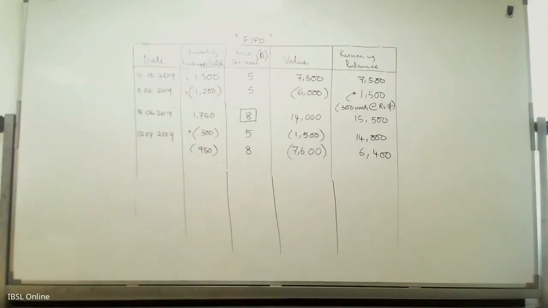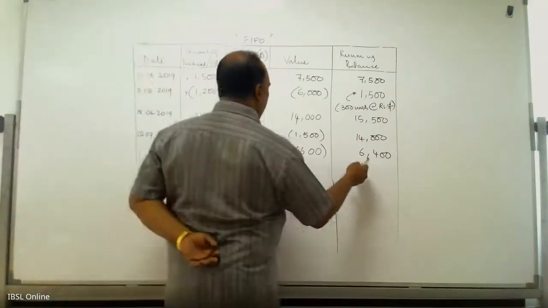Now you see, in this question, the remaining two transactions, a purchase and a sale, fall in 2020. So suppose this is a question where the company is a 31st December company and they want to find out the closing stock value as of 31st December, then it has to be 6,400.